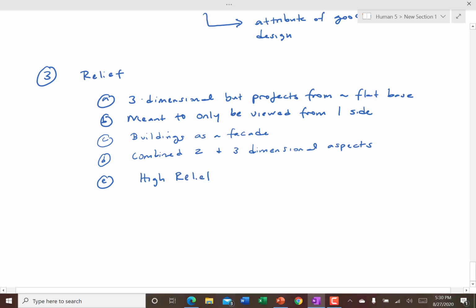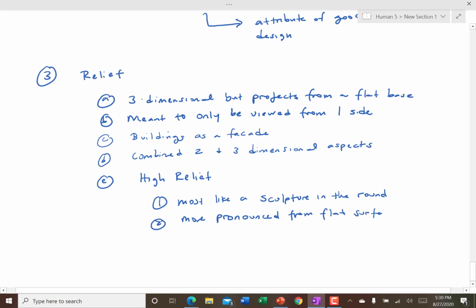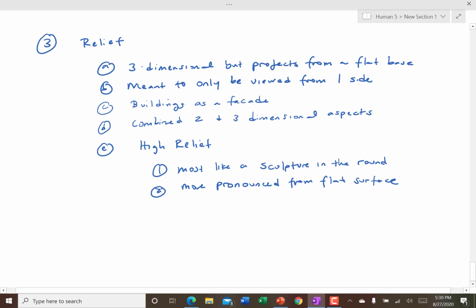High relief is, they will say, most like a sculpture in the round. So it's going to be more pronounced from the flat surface, and it's meant to have the forms and figures stand out.